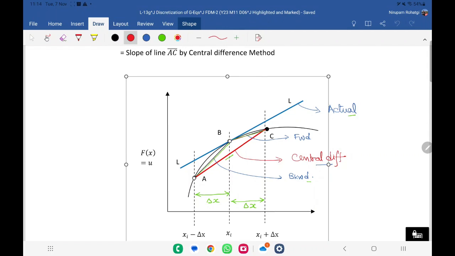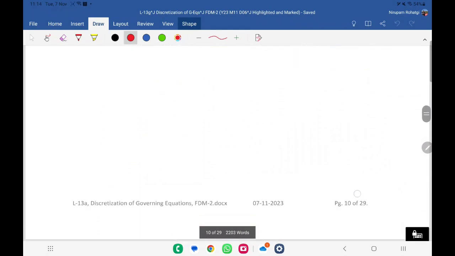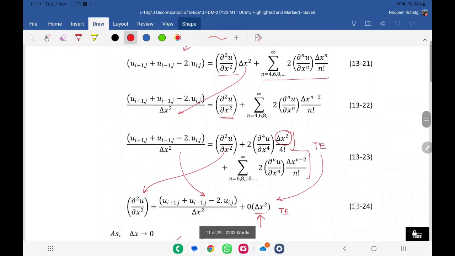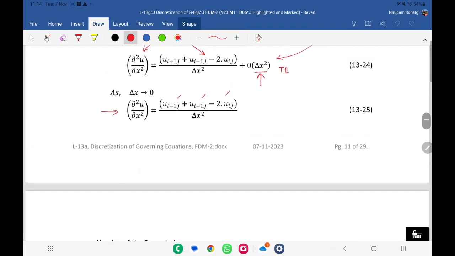Okay, now then we talked about the second derivative, and we got this as the formulation for the second derivative, del square u by del x square.